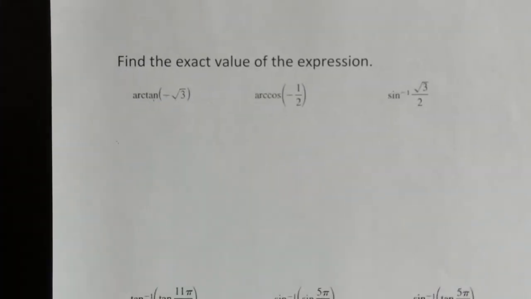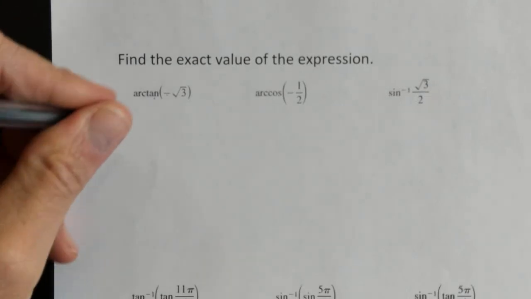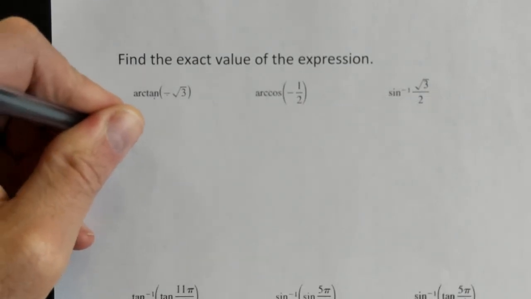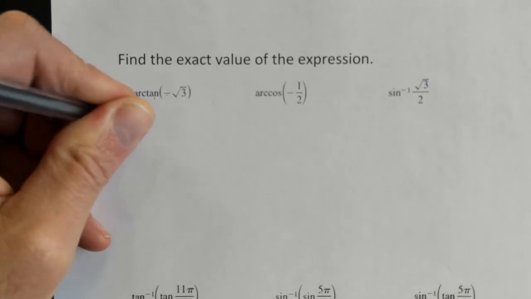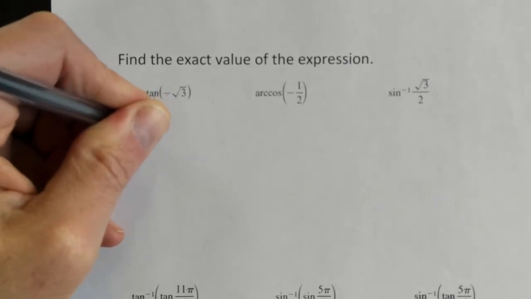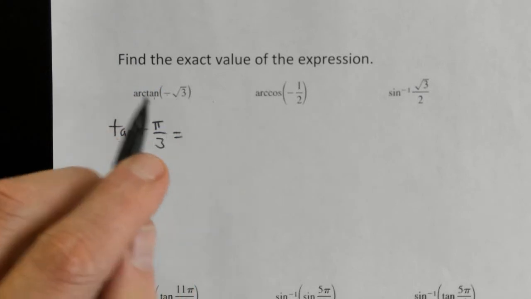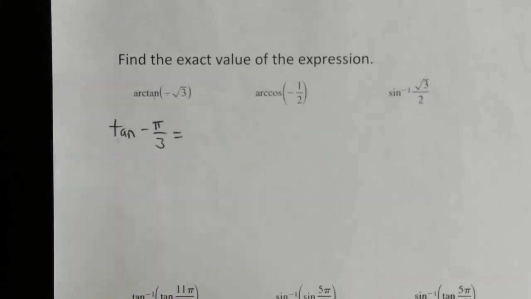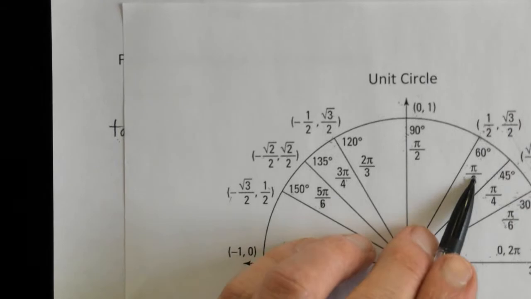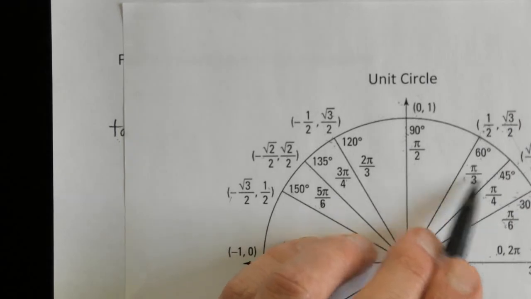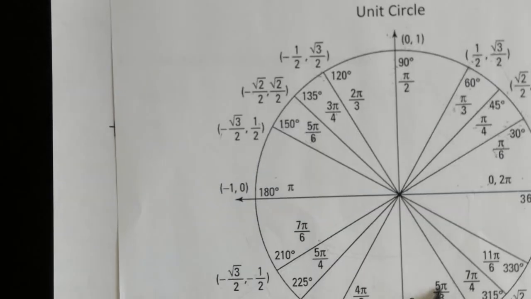So let's see if we can verify that that's the case. Let's go with the tangent of negative pi over 3 and see if it gives me this. If it does, I'll know I have the right answer. So negative pi over 3 would be here, right?